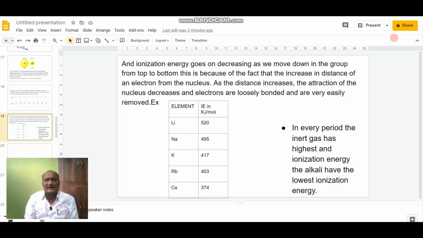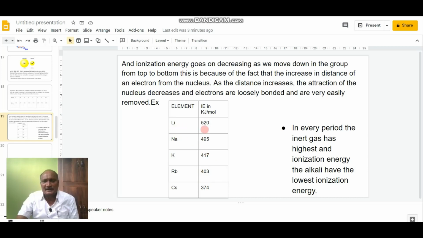Likewise, rubidium and cesium. Here, as we move from top to bottom in a group in the periodic table, from lithium to sodium, sodium to potassium, potassium to rubidium, and from rubidium to cesium, we observe a constant decrease in the ionization energy values of the alkali metals.